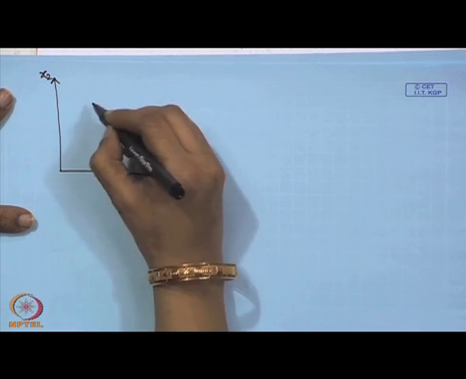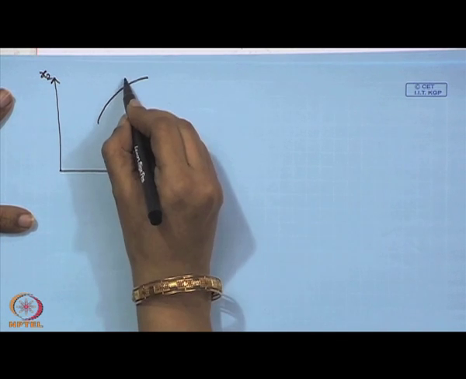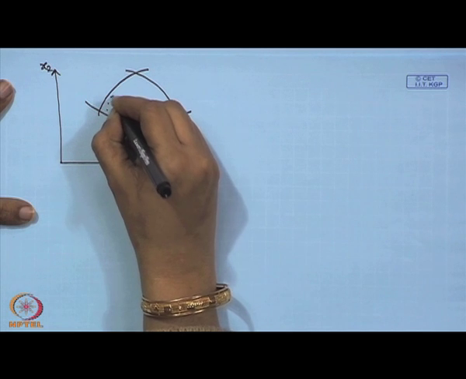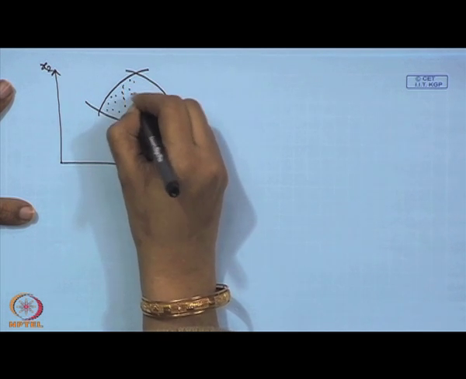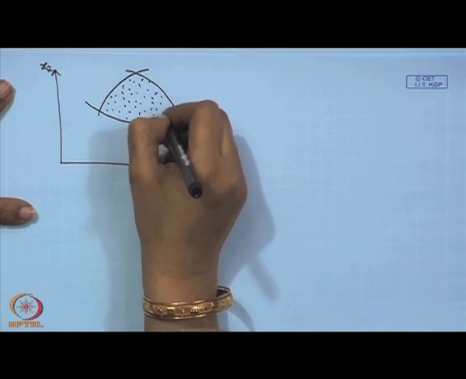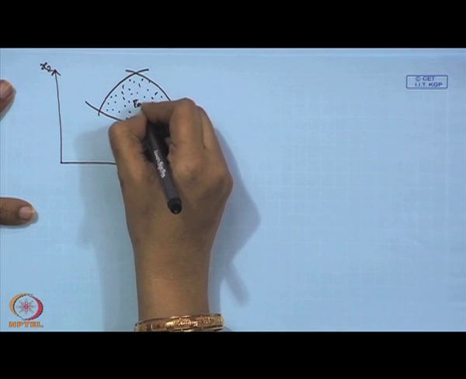There are three constraints: constraint 1, constraint 2 and constraint 3, and this is the defined feasible space for us. These constraints are all nonlinear in nature, and they form the feasible space here.